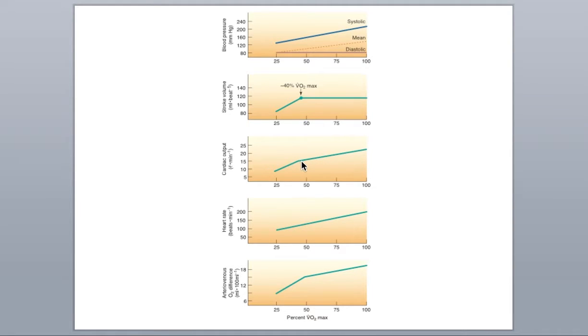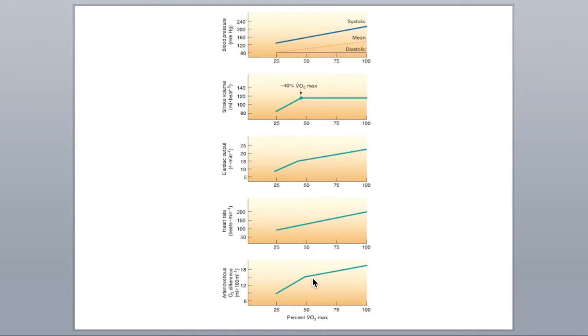Now, once we get to this point, because stroke volume is part of cardiac output, it's going to start to level off a little bit, but it's not necessarily going to plateau. We're going to be making up for this plateau in stroke volume by an increase in heart rate, which is going to be proportional to the exercise intensity.